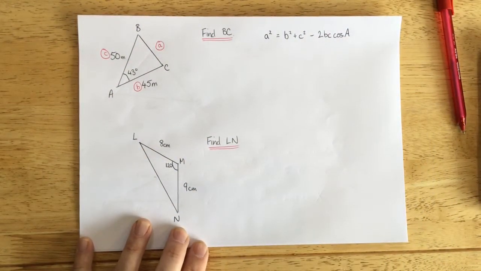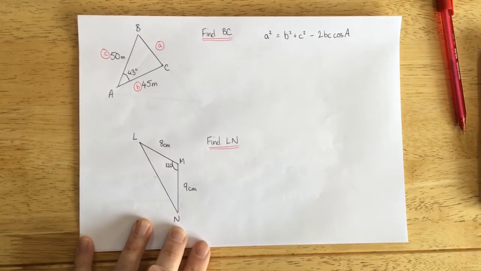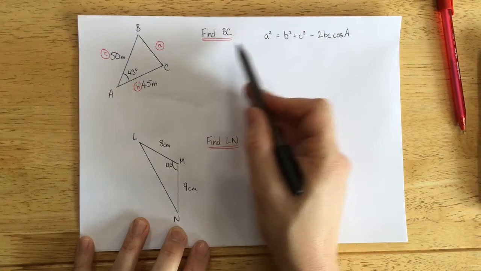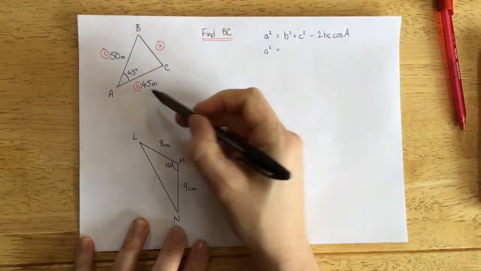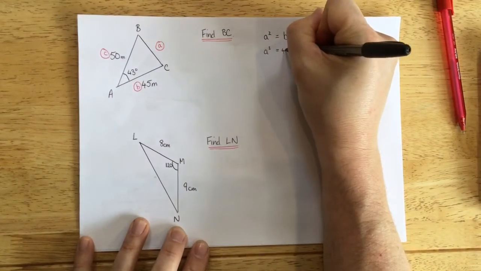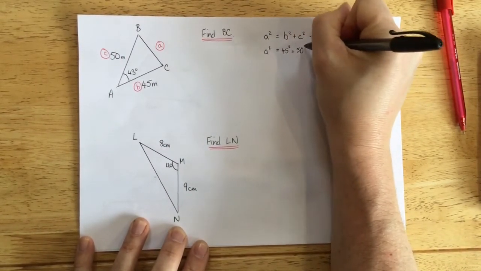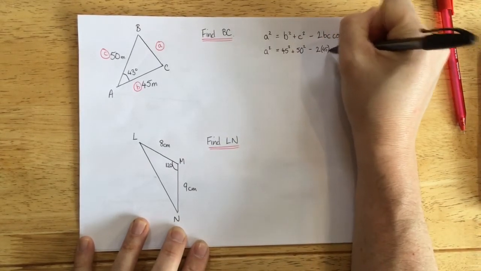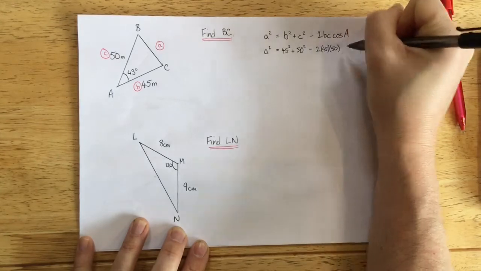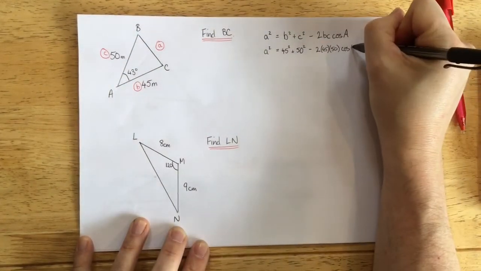And like so much of maths, once we have a formula, we just fill it in and then find out what our answer is. So a is what we want to find out. Let's just keep that as a squared. b is 45 squared plus c is 50, so it's 50 squared, minus 2 times 45 times 50 times the cosine of, well, angle A is 43 degrees.